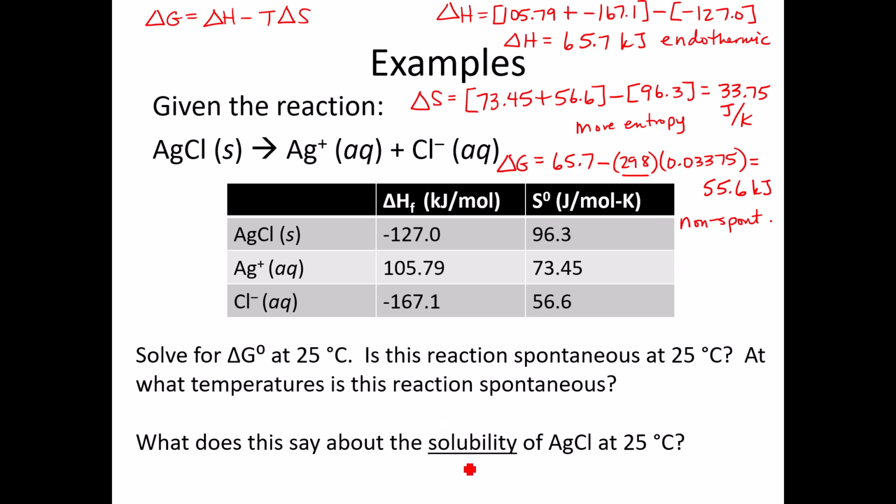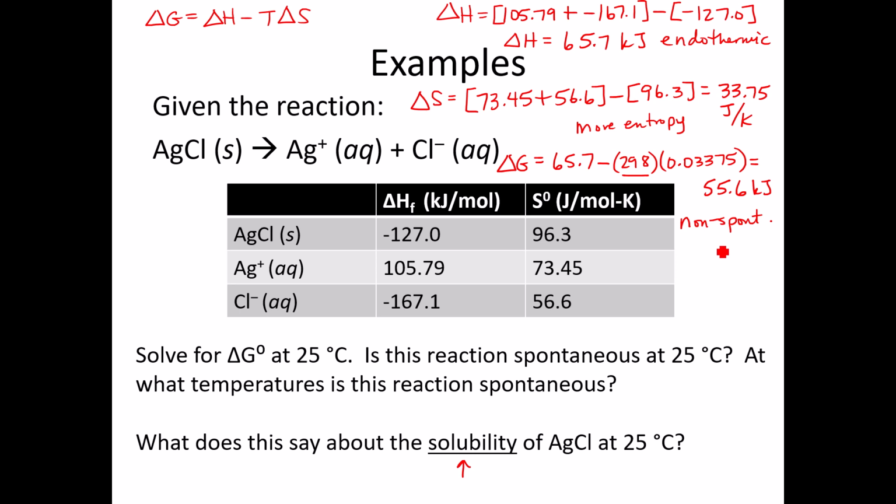So what does this imply about the solubility of AgCl? So our equation was solid AgCl dissociates into its ions in an aqueous environment. So this is basically talking about dissolving the AgCl in water. But since our delta G value is positive, this means that our reaction is non-spontaneous.